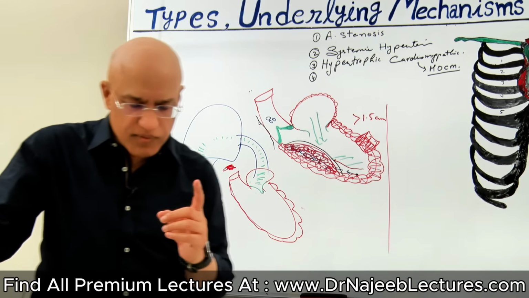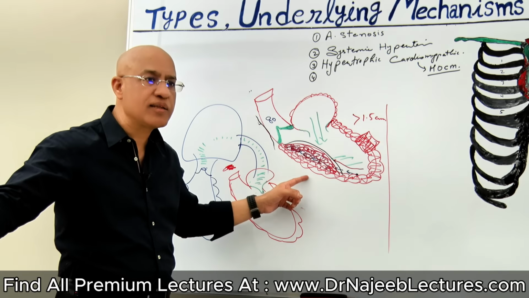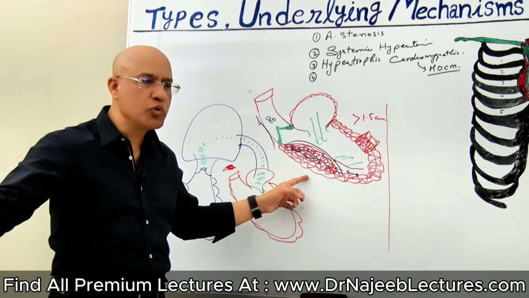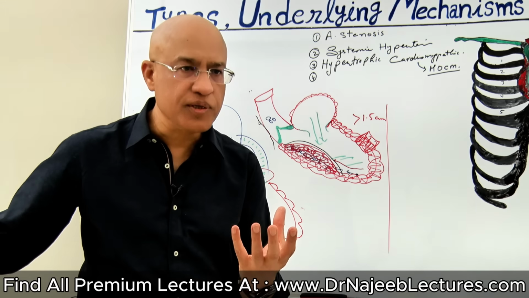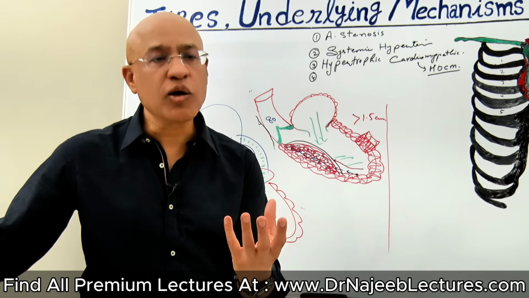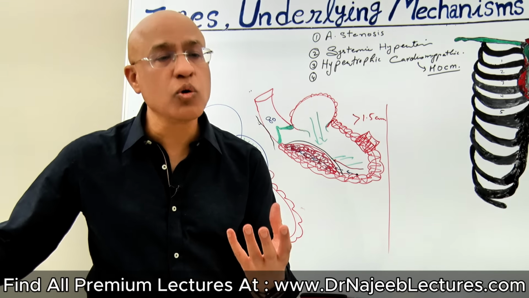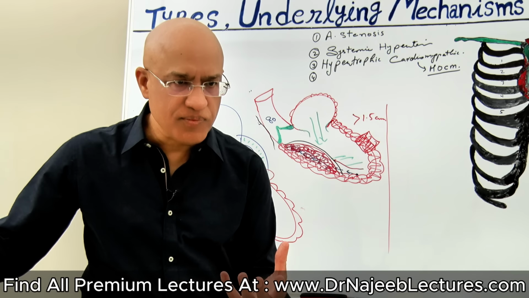But please don't confuse this kind of hypertrophy with athletic hypertrophy. Most athletes who do significant exertion, their heart undergoes some hypertrophy, right? But that hypertrophy is within physiological limits, and there's no underlying genetic abnormality, right?